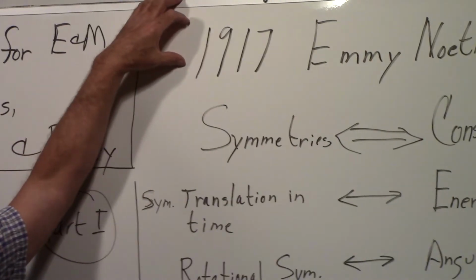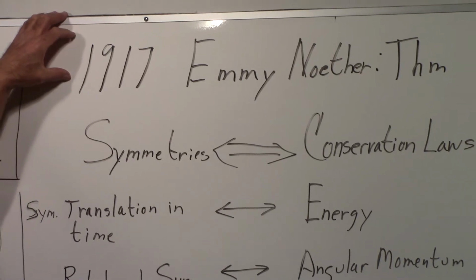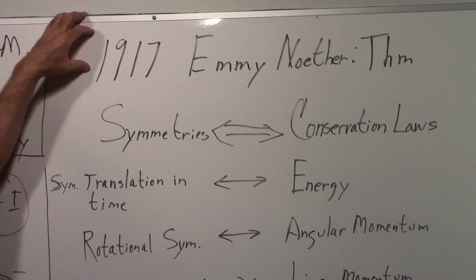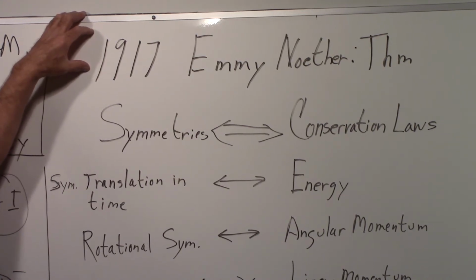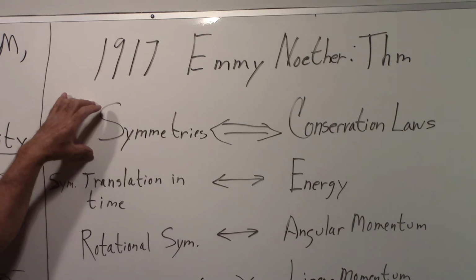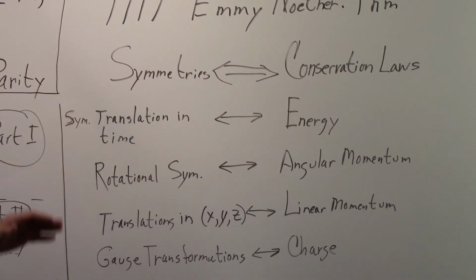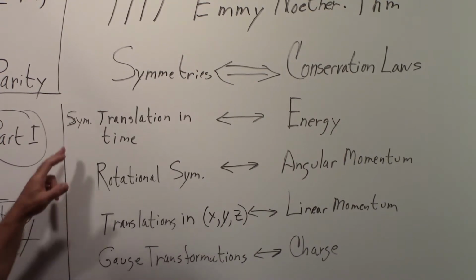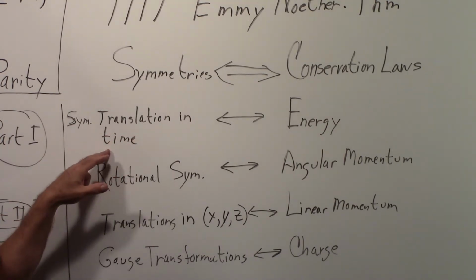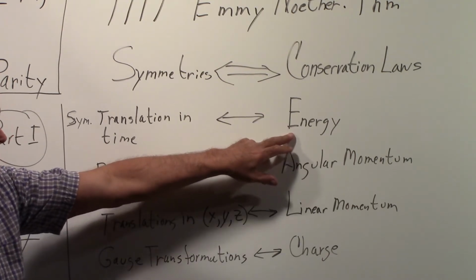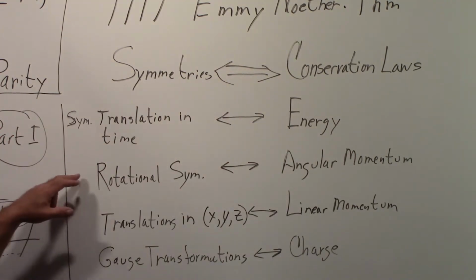So to start that off, in 1917, Emmy Noether came up with a remarkable theorem. And the theorem basically says that if you have symmetries, you have conservation laws. Some of the examples are symmetries of translation in time, which corresponds to a conservation law, conservation of energy.